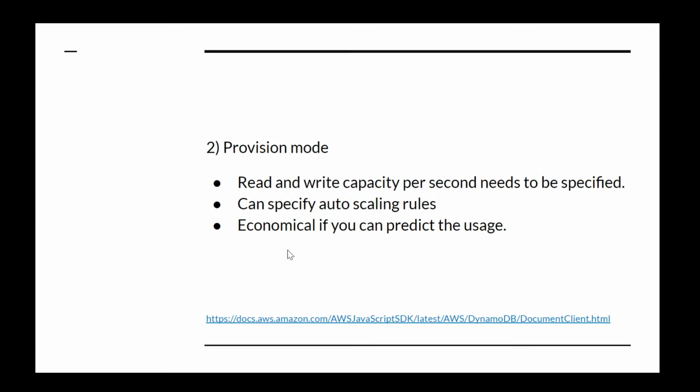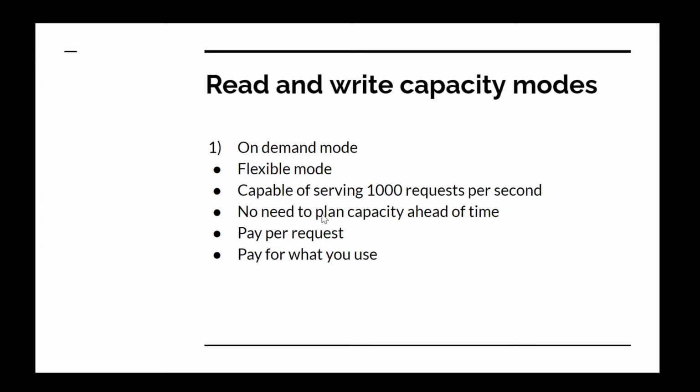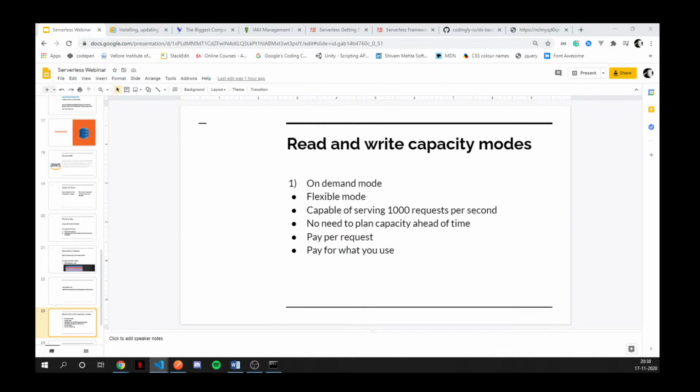Now, provisioned mode is where you calculate ahead of time that I'll be using this amount of space and this amount of read-write requests from the database, and hence I'm able to predict and want only a certain amount of requests. Now, this can be economical if you can predict the usage easily, but we'll be using the on-demand mode, which is basically pay per request.